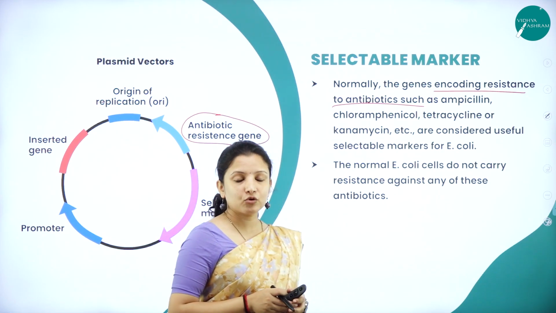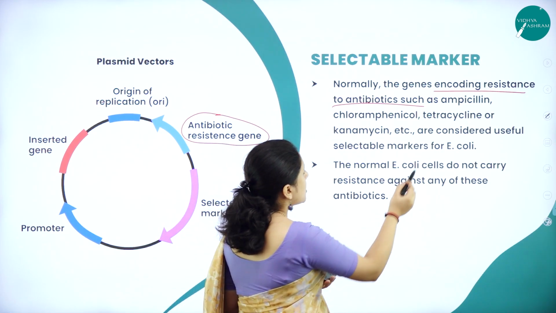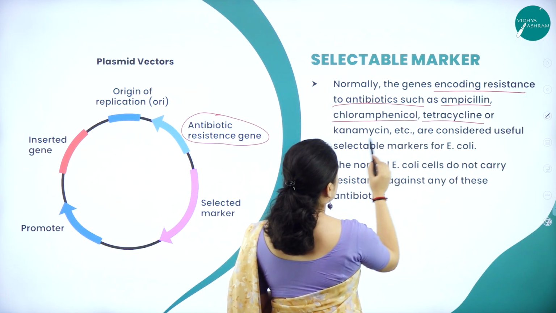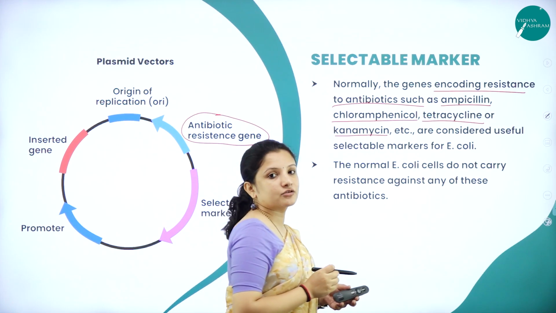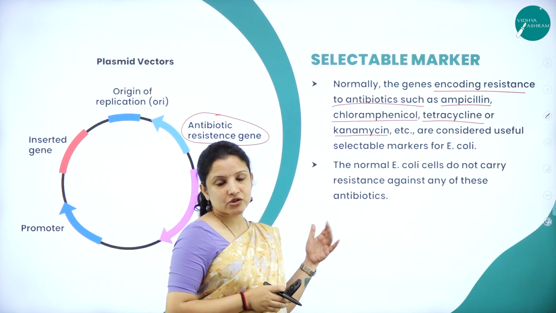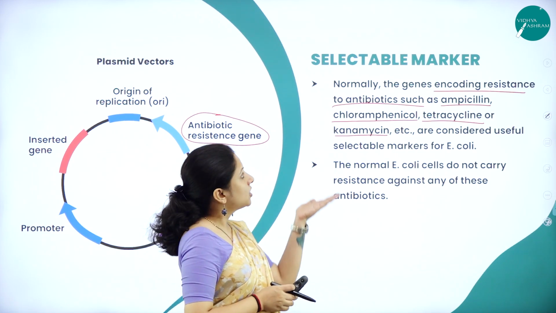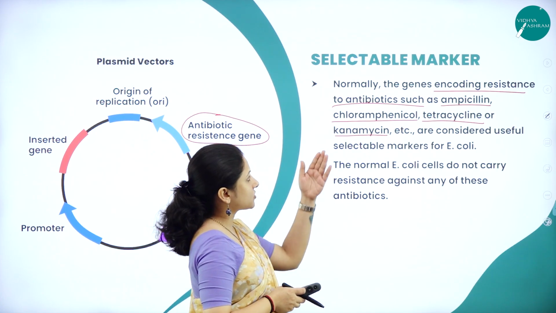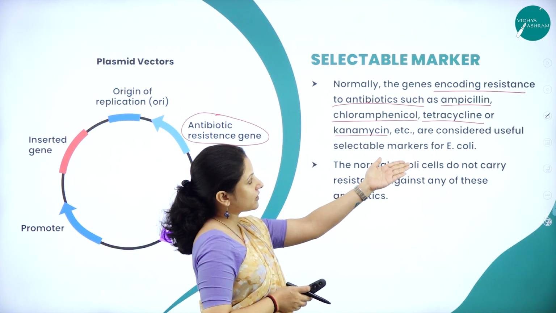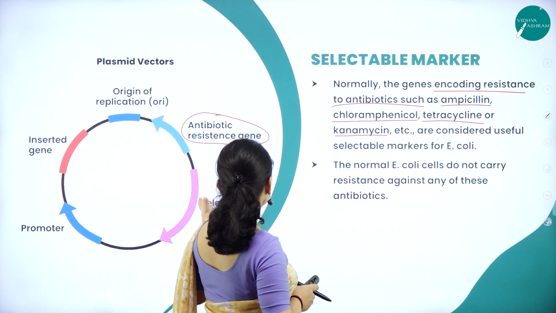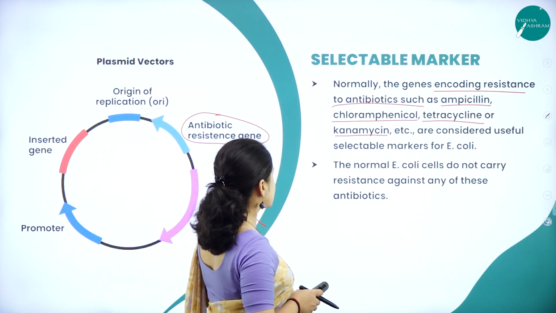Say, for example, genes which encode resistance to ampicillin, chloramphenicol, tetracycline or kanamycin. These are the different antibiotics that are there. All these are used as a selectable marker.